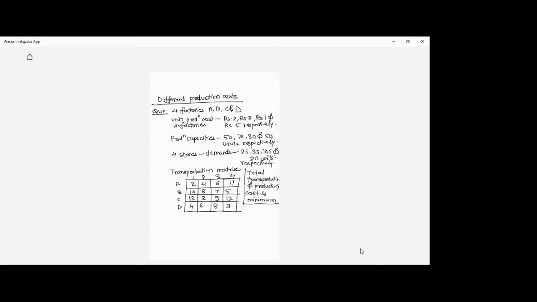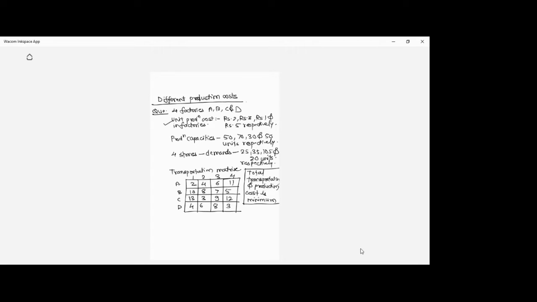So what is the difference? If it would have been a normal numerical, they wouldn't be giving us different unit production costs, right? It is assumed that the production cost remains the same across all the factories.